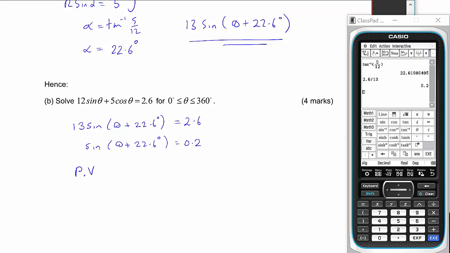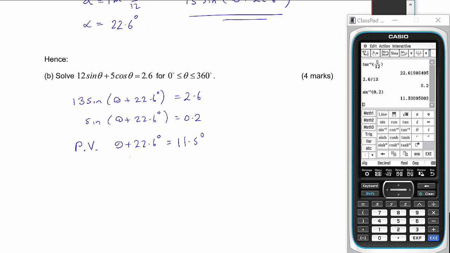So our principal value is going to be theta add 22.6 is going to be the inverse sine of 0.2, which is 11.5 degrees.